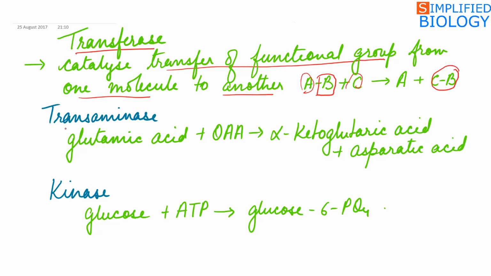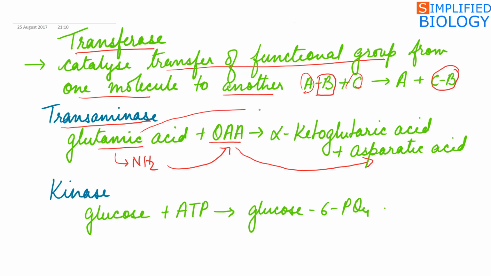Example of transferase is transaminase enzyme that catalyzes transfer of amino group. Like in this, glutamic acid reacts with oxaloacetic acid. The amino group of glutamic acid is transferred to oxaloacetic acid, due to which oxaloacetic acid gets converted into aspartic acid, while glutamic acid forms alpha ketoglutaric acid.